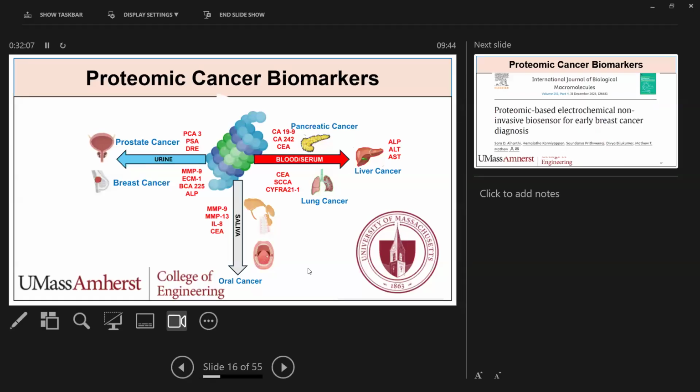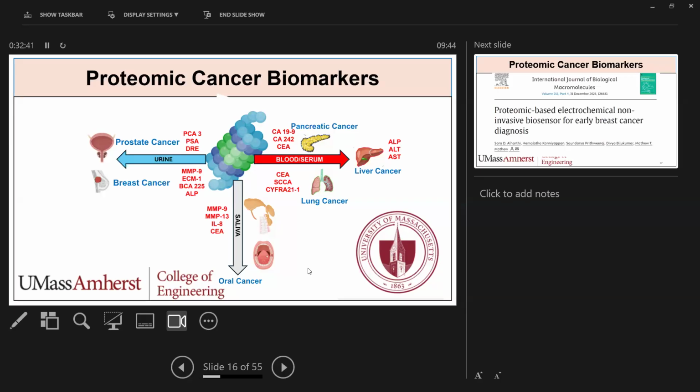As I mentioned, proteomic biomarkers, protein biomarkers, are nothing but proteins which are responsible for that type of marker, where the levels of those particular proteins are elevated in different biological fluids if there is a chance of that particular cancer. For example, breast cancer. If there is breast cancer, you can look for proteins like MMP9, ECM, BCA225, ALP, and there is one more specific to breast cancer, haptoglobin.